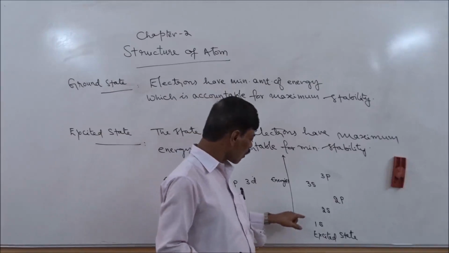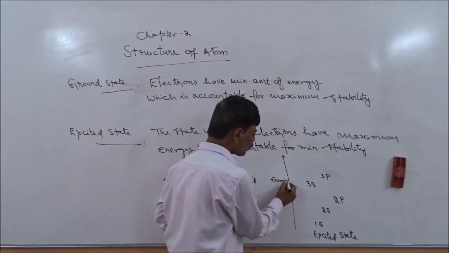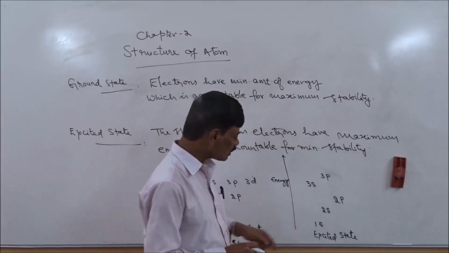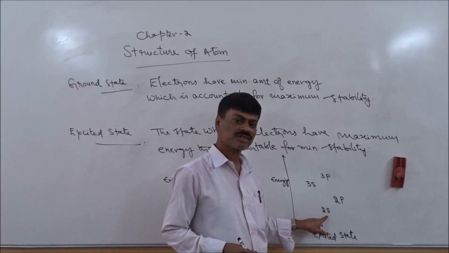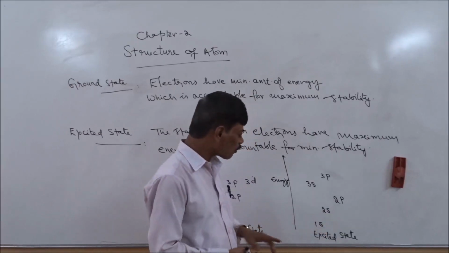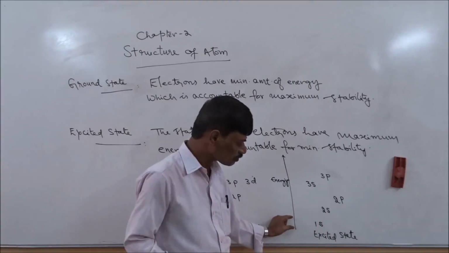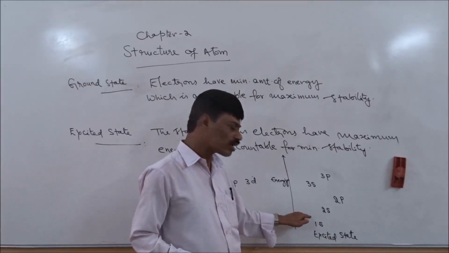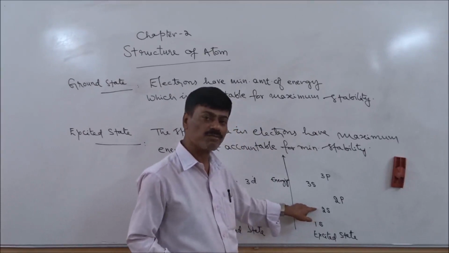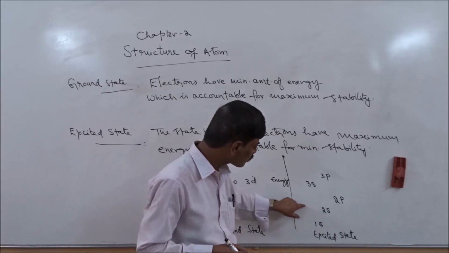Now, if I give small amount of energy to 1s, the electron present in 1s will take jump to 2s. The energy possessed by 1s electron is this much. And once the electron takes jump from 1s to 2s, the energy possessed by the electron in 2s will become this much.